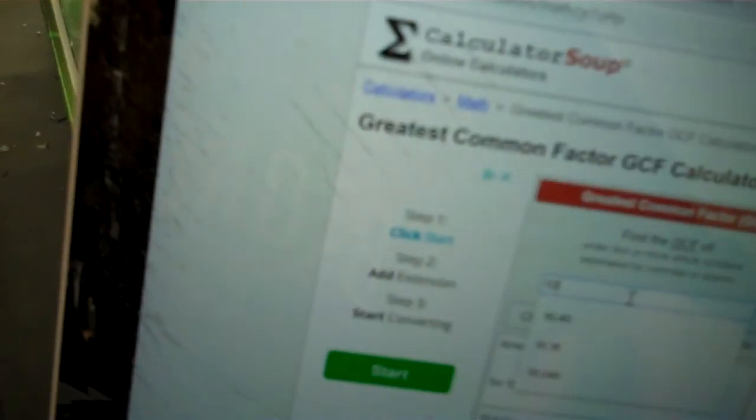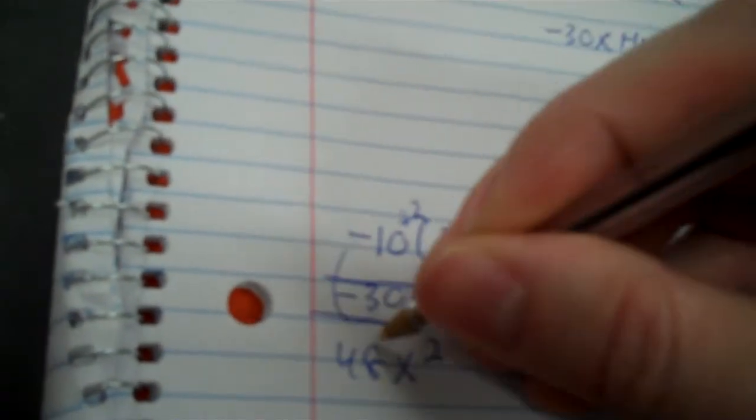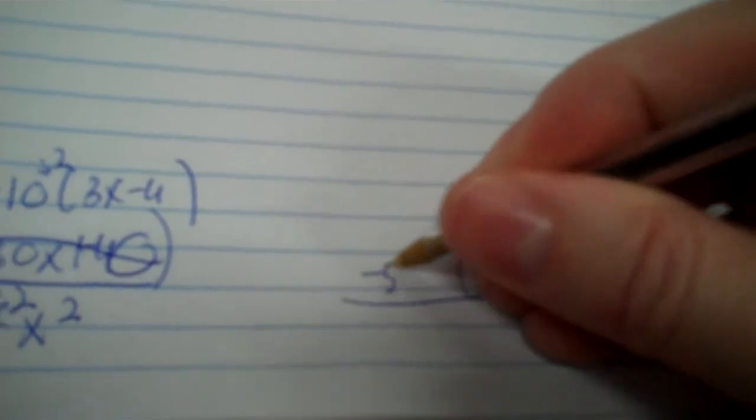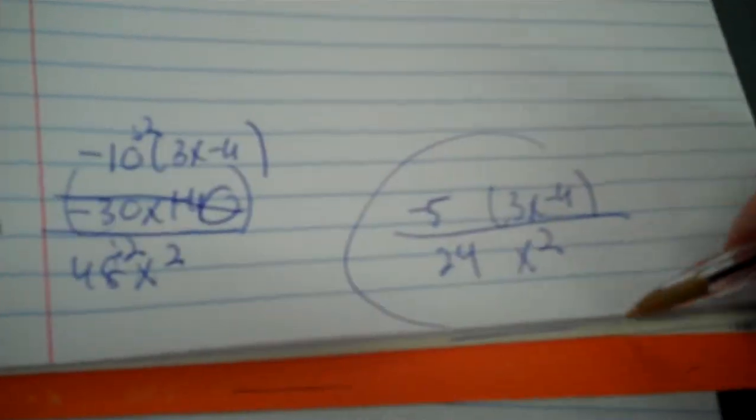So just look up the GCF of 10 comma 48. You get 2, so you need to divide those each by 2. So negative 10 divided by 2 is negative 5, 48 divided by 2 is 24, and you're going to have the x to the second. That's the final answer. So again, parenthesize and try to reduce the outsides if you can.